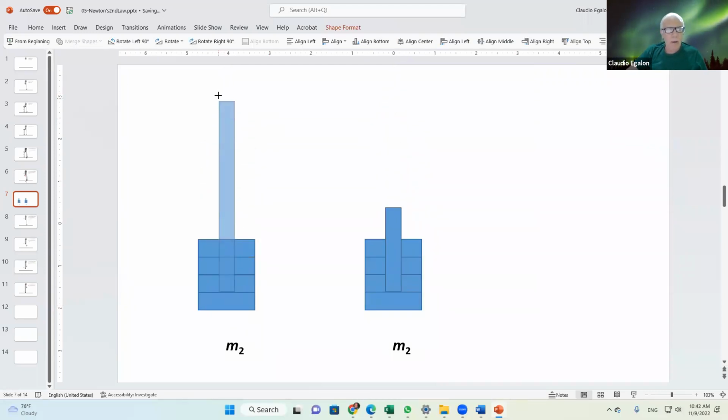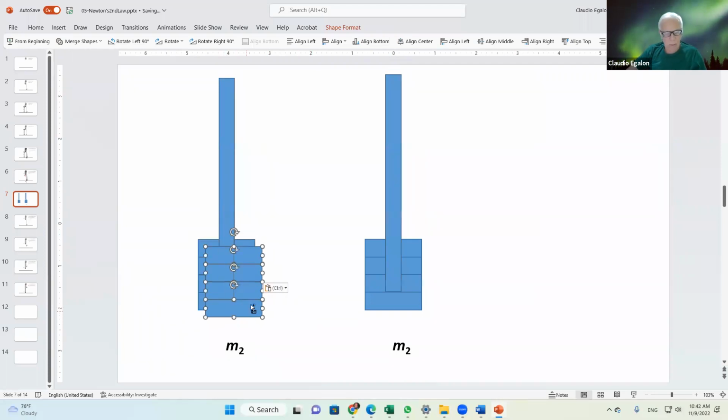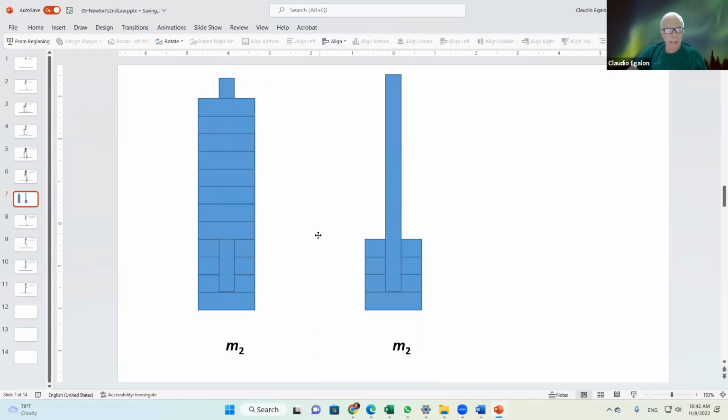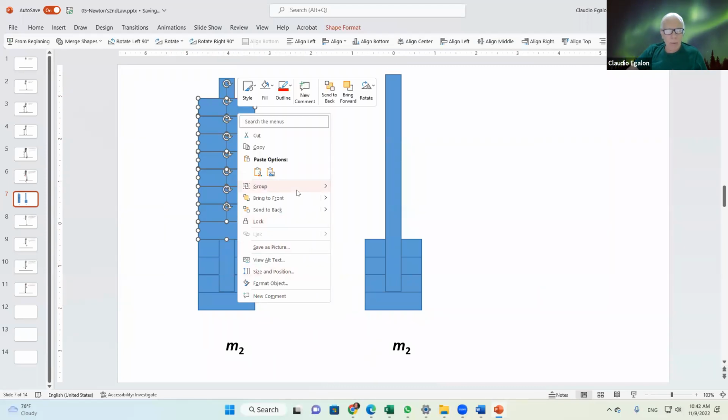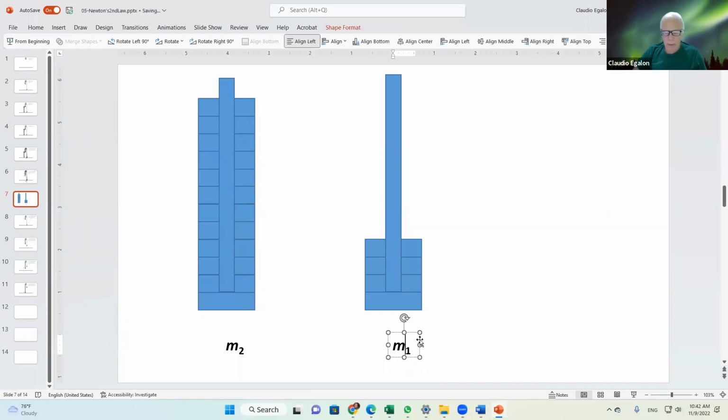So we have this bunch of slotted masses that we put in the support, send to back. That's M2, and this one is M1.